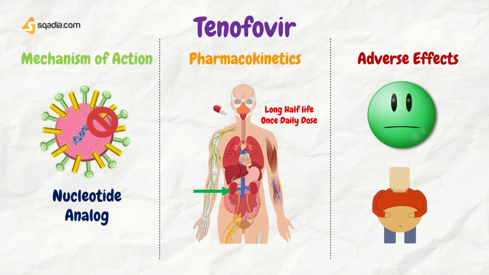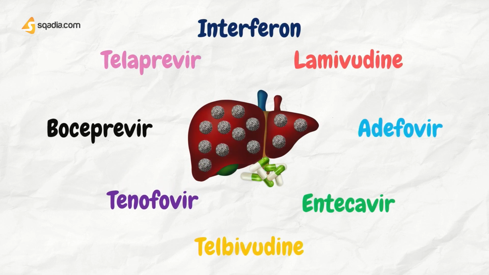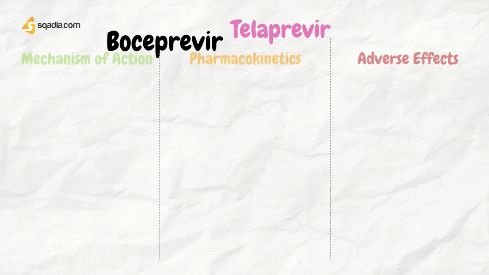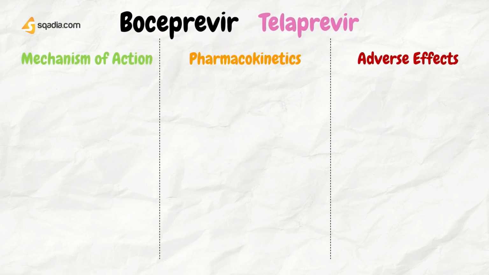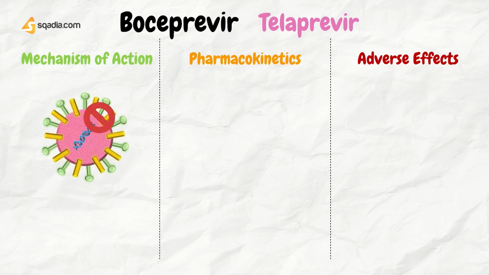So this was all about tenofovir, and now we must discuss the other two drugs as well, that are boceprevir and telaprevir. Boceprevir and telaprevir are the first oral direct-acting antiviral agents for the adjuvant treatment of chronic HCV genotype 1.